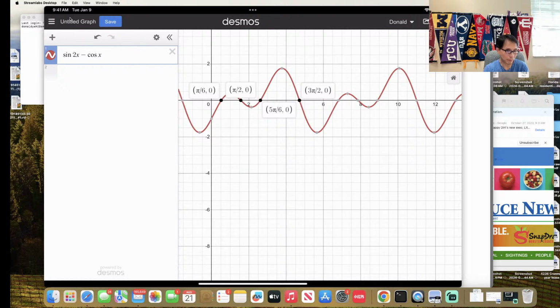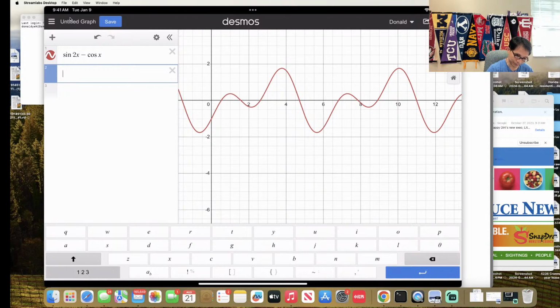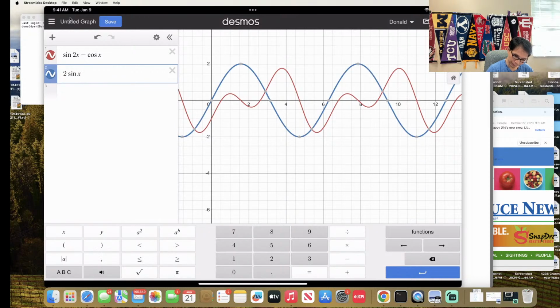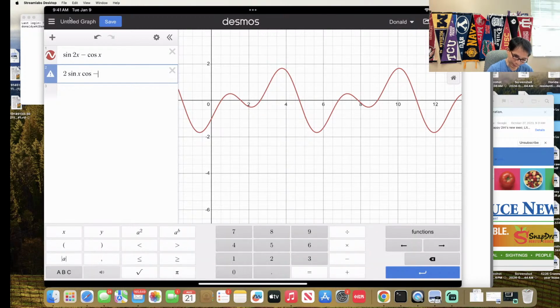Very, very important. However, if I change the double angle identity, you'll find out it doesn't graph. If I change that double angle like this, do you see that it doesn't graph?